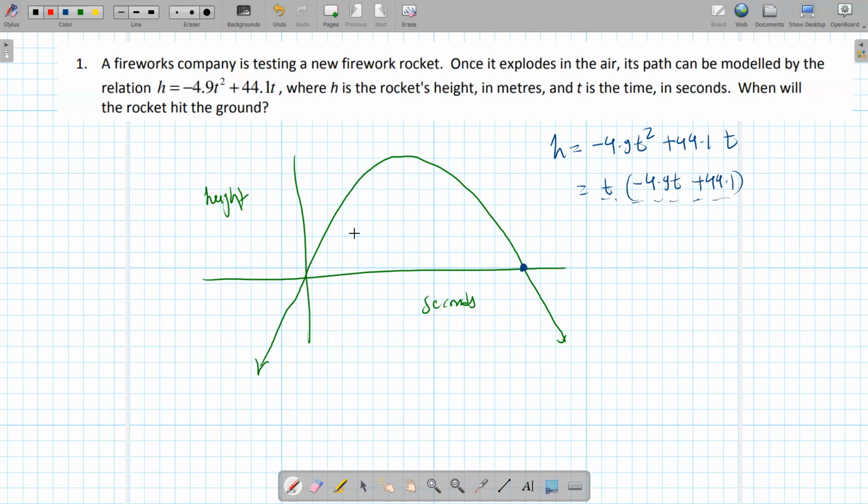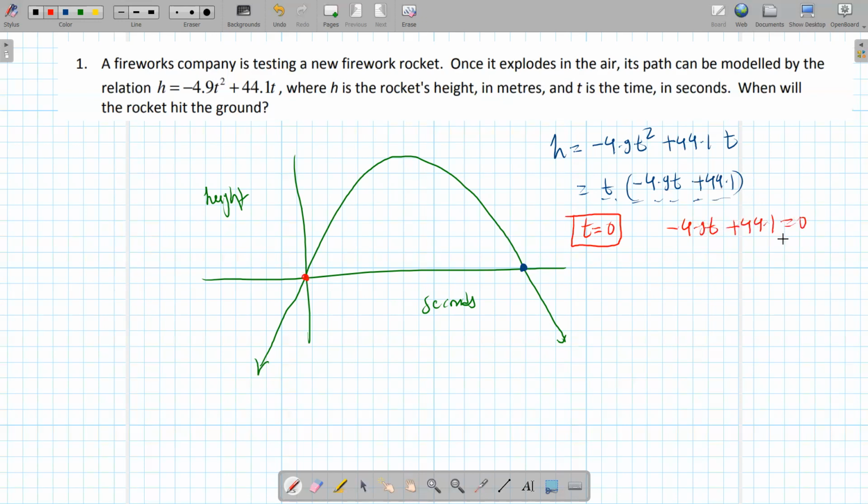You want to set them individually equal to 0. This is a little bit complicated. So t equals 0 is one of the x-intercepts. Well, we already knew that, but that doesn't help us. It's the other one that's the answer. So you want to set that equal to 0.